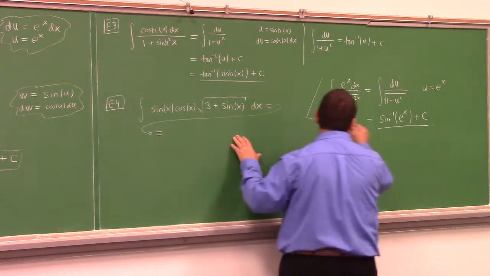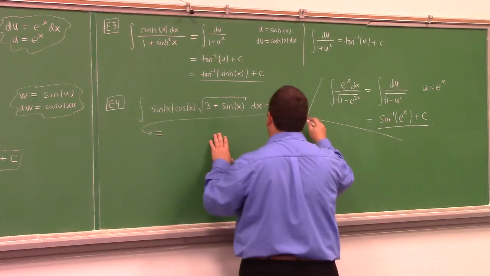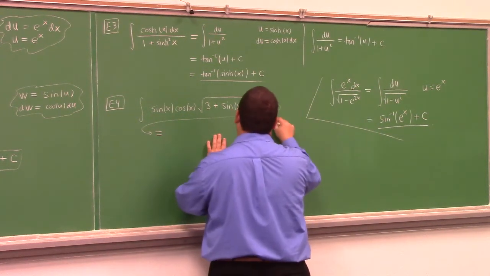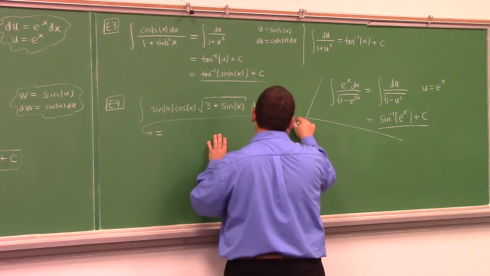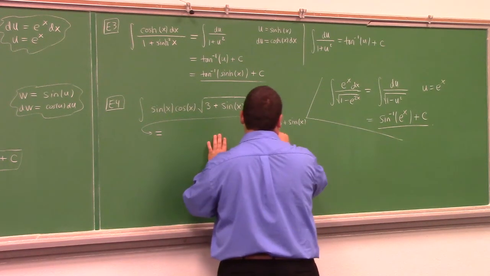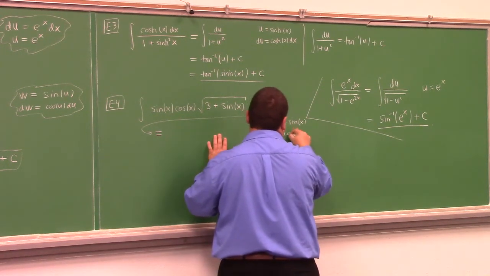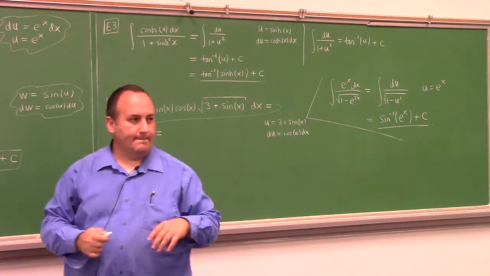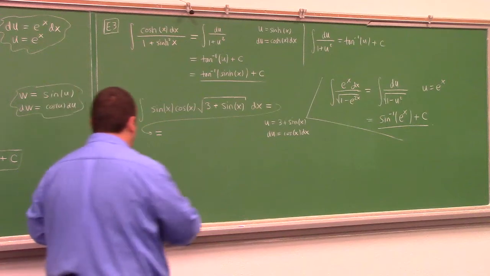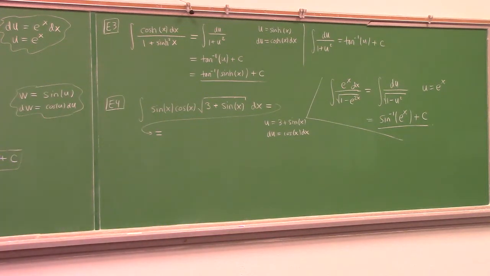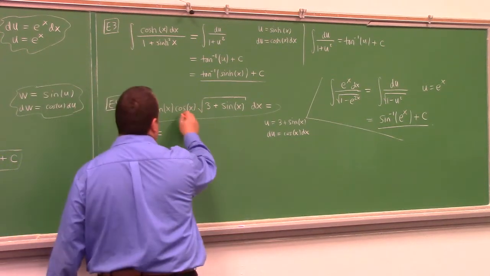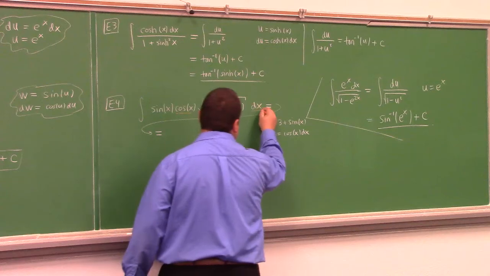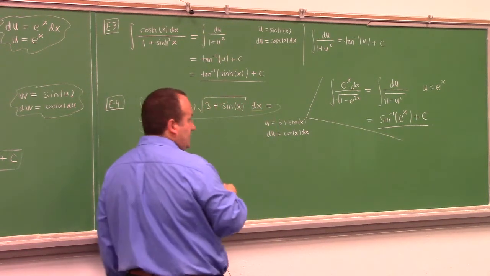All right? So if we do that, u equals 3 plus sine x, that makes du equal cosine of x dx, right? So we've got cosine of x, we've got dx, that's the du.